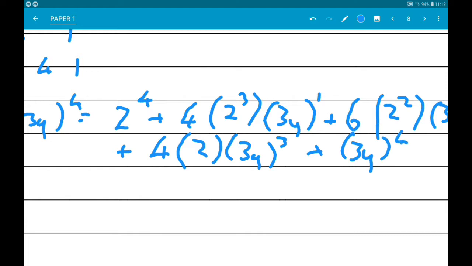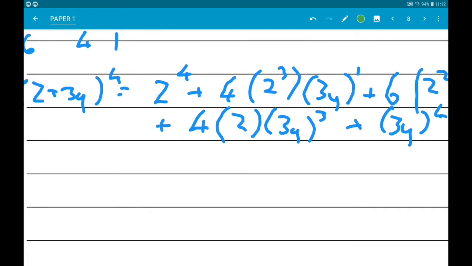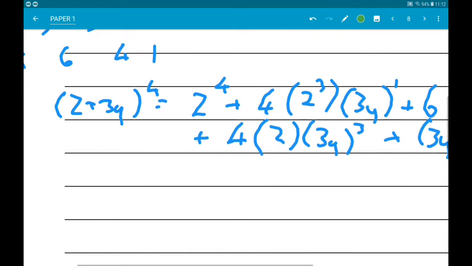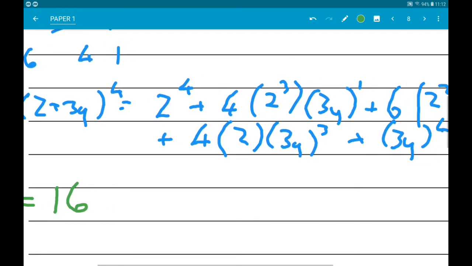Okay, so let's go through this. So 2 to the power 4 is 16. Now we have 4 times 8 times 3y. So 4 times 8 is 32 times 3y is going to give us 96y.